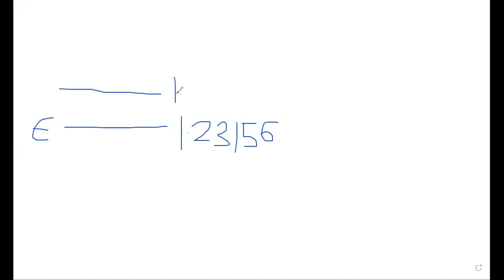Entry point: do I still remember these values? Okay, I do. The entry point is 1.23156. It's strange, everything else went off. TP1 is 1.23256.